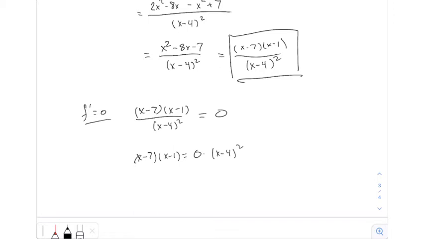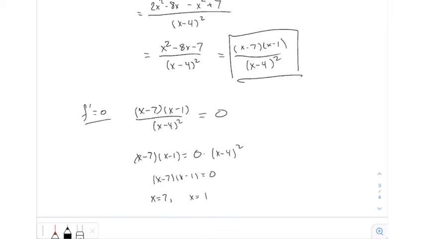But that is just 0 on the right side. 0 times something is always 0. So it's just x minus 7, x minus 1 equals 0. And lucky for us, this is already factored, so you can just say immediately x equals 7 and x equals 1 are my critical numbers where the derivative is 0. So those two numbers are going to go on my chart.